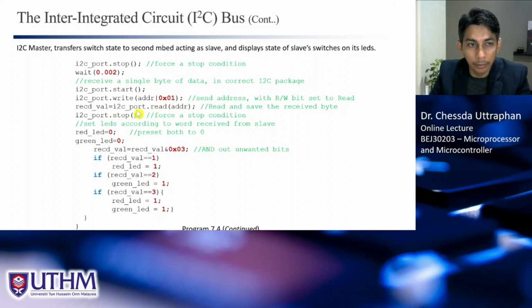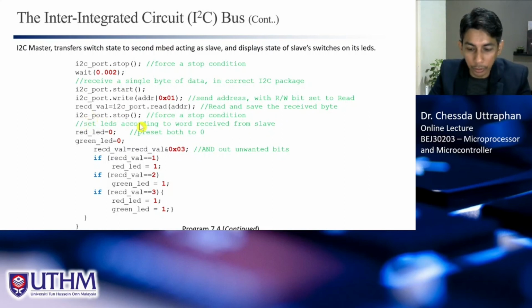Then after that we can read. So to read, we read to this variable. So this is our object name dot read. And we read from the address, and we stop the condition.